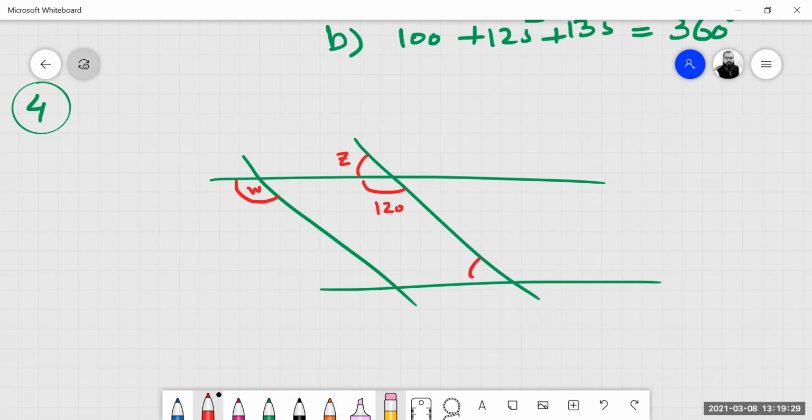This is 60. This angle is Y. This angle is X. And the remaining we need to find out.